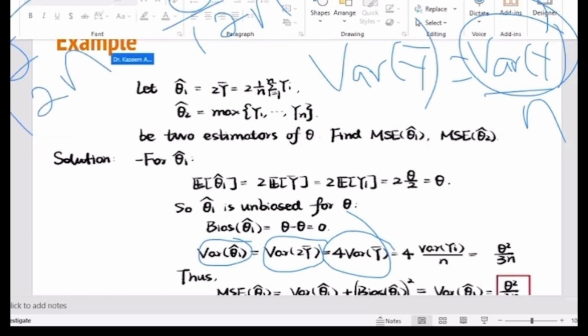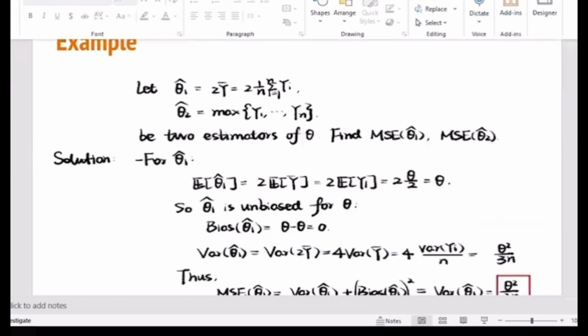And don't forget, what about the 4 that is outside? By the time you simplify, 4 goes there, then you're going to have theta squared divided by 3n. Any question? That is the variance of theta cap 1. Okay, theta squared divided by 3n. Now I want to move on.